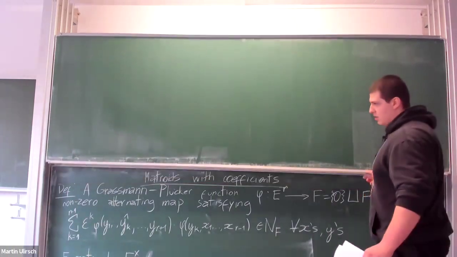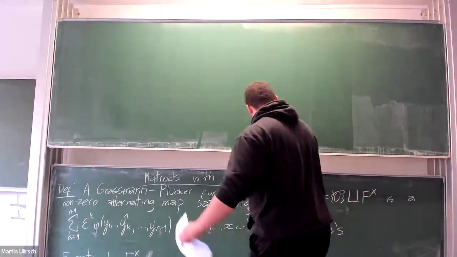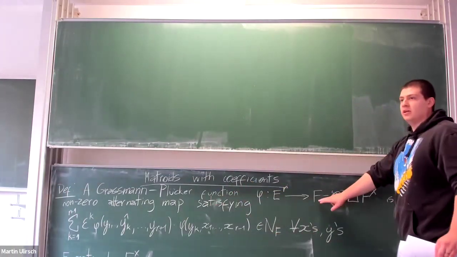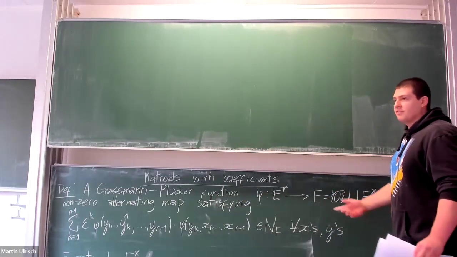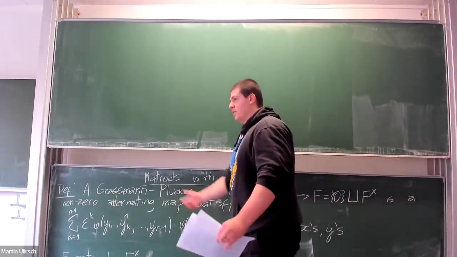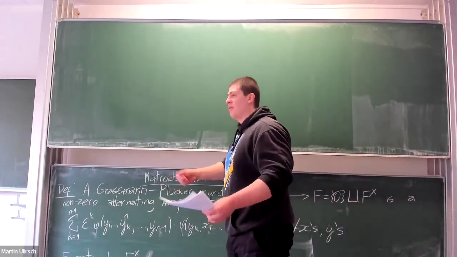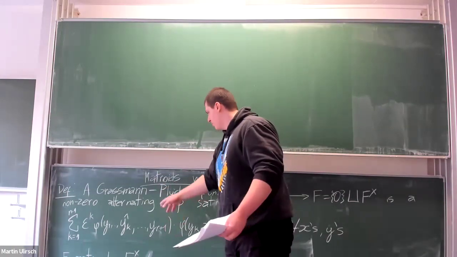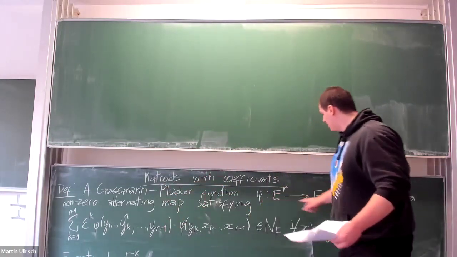Here the group acts naturally, and the F star class is the class under the natural action of the group on functions from here to here.